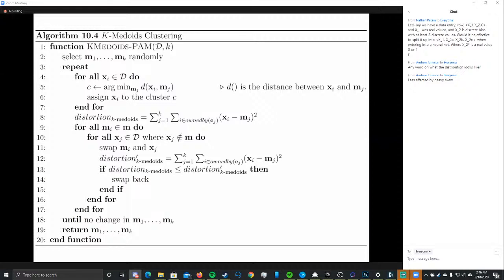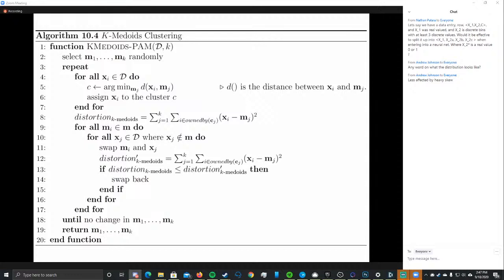Now we loop through all of the medoids, in other words, all of the clusters. And within that, we loop through all of the data points, looking at data points that do not belong to our target cluster. And we swap. In other words, we say, let this data point become the new medoid. And now we're going to recalculate the distortion based on that new medoid.